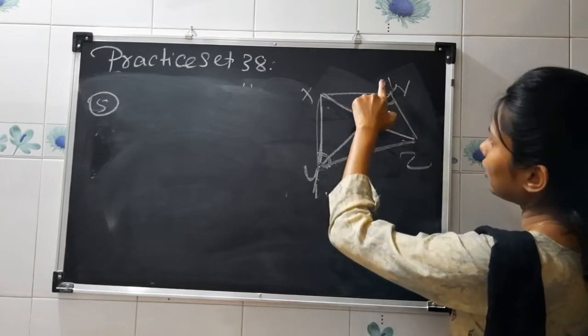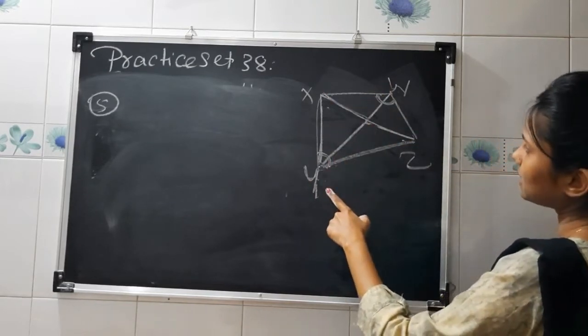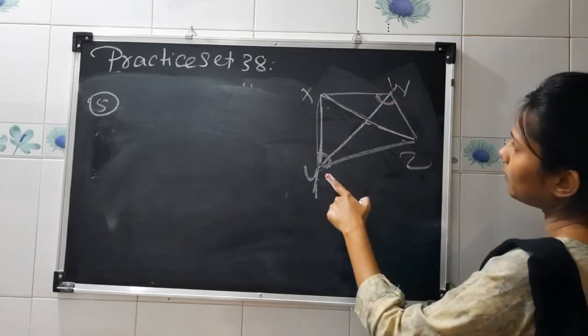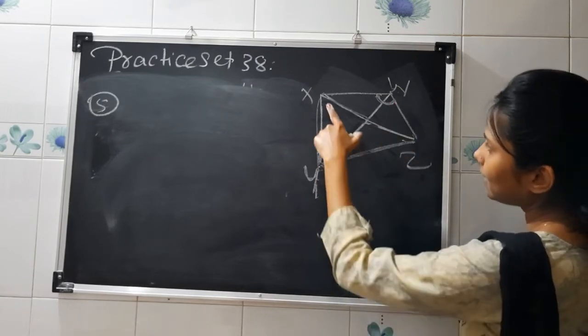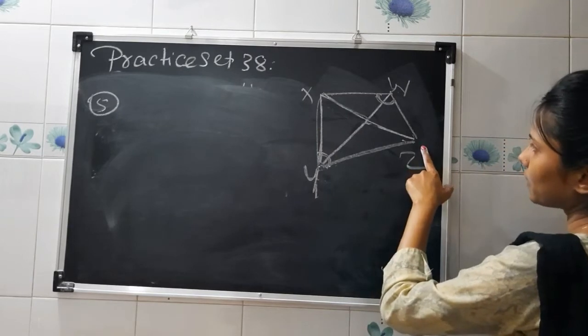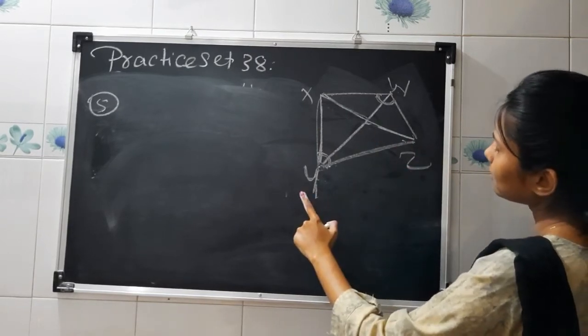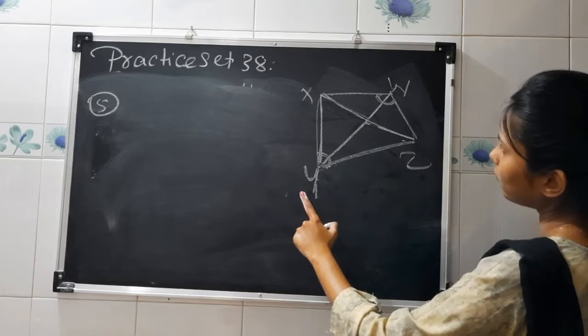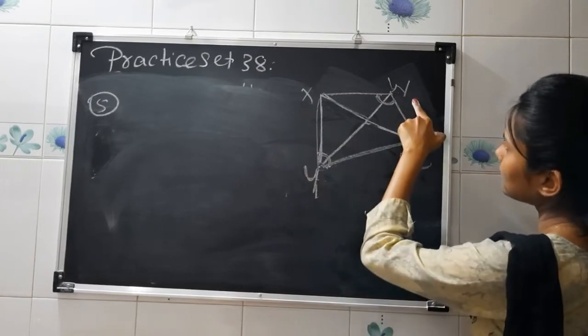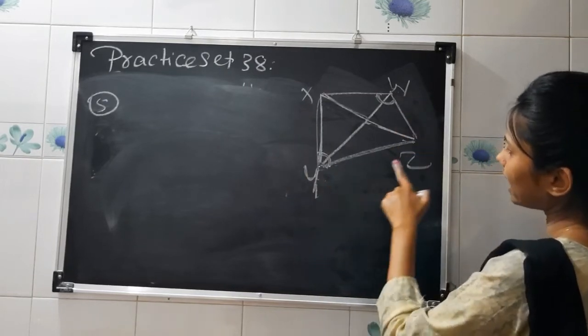Here XZ joins the vertices of angles YXW and YZW.